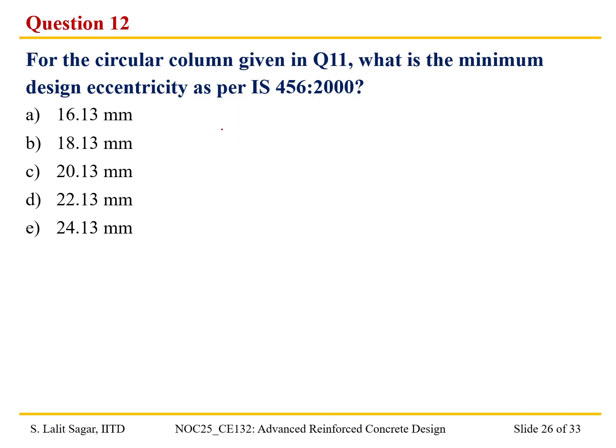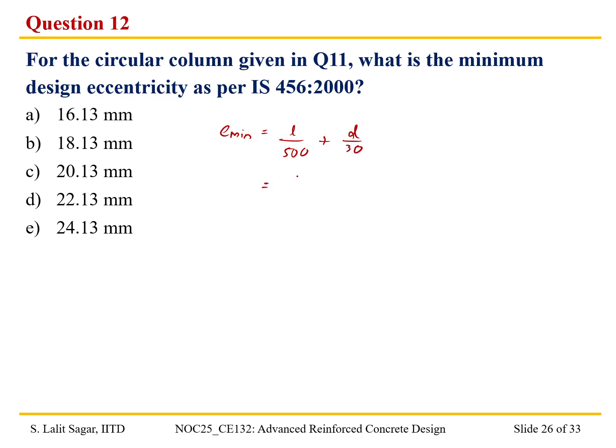For x and y, it doesn't matter much for a circular column. That is the unsupported length divided by 500, so that is L by 500 plus D by 30.